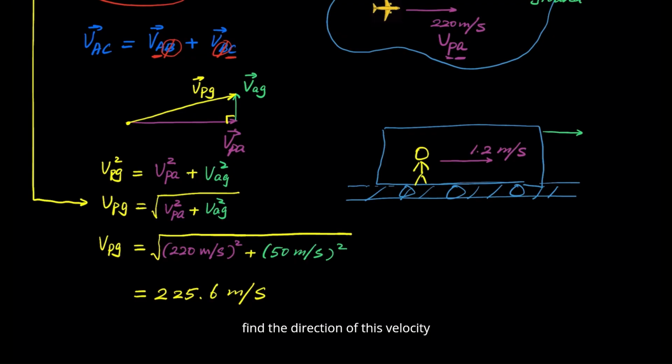Let's find the direction of this velocity vector. Let's say we want to find this angle, theta. We can use any primary trigonometry function to solve for it. The easiest one to use here is the tangent function because we know the lengths of both the opposite and adjacent sides of our triangle from the problem. Let's set up the equation like this. So tangent theta equals the opposite, which is VAG, divided by the adjacent, which is VPA. Now we can plug in the values.